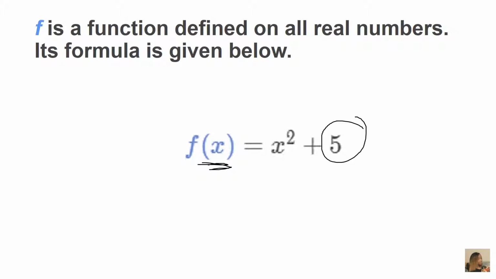And because x is squared, this is going to cause any other value that we input, whether it's a negative real number or a positive real number, to give a value that's greater than 0.